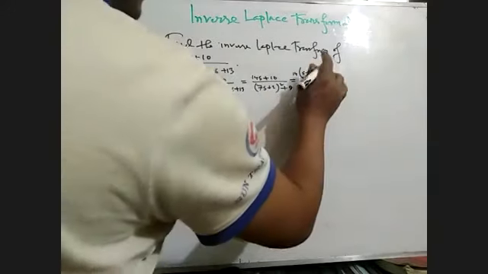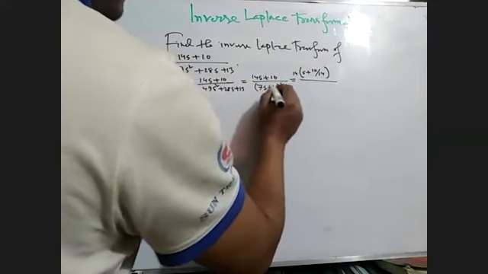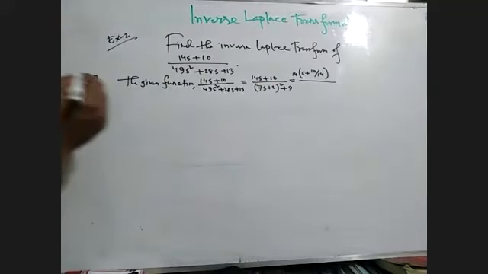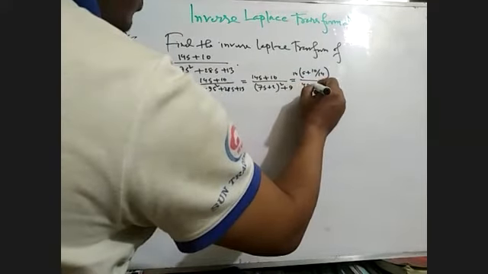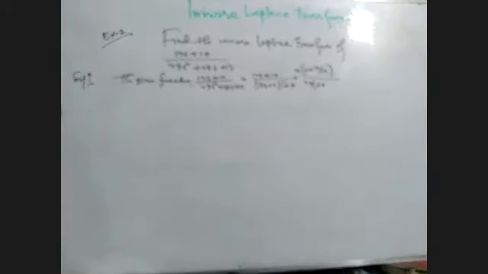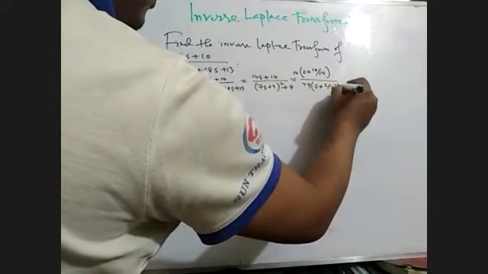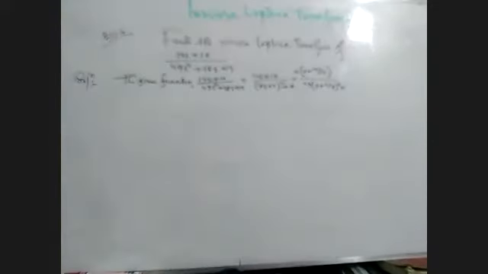How? If we take 7 common here, then we get 49 common: (s plus 2 by 7) whole square plus 9.